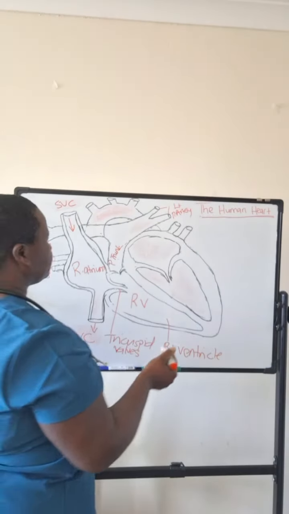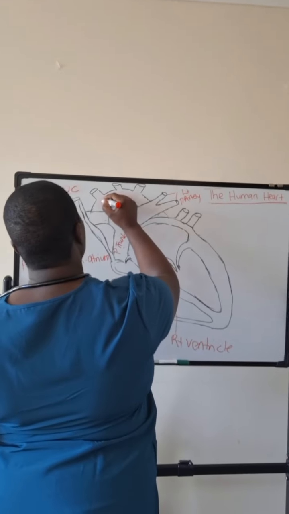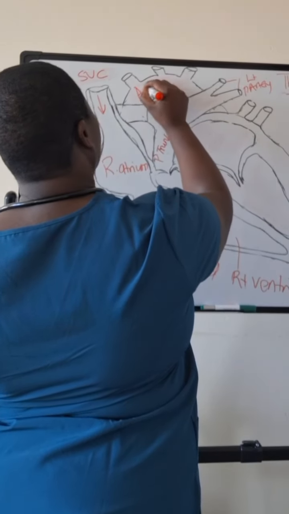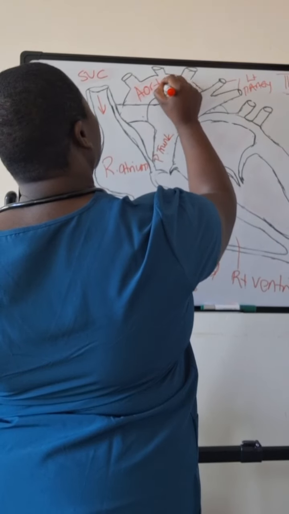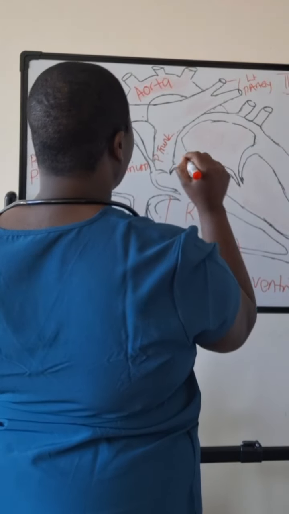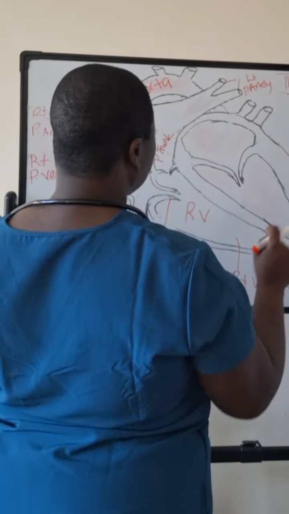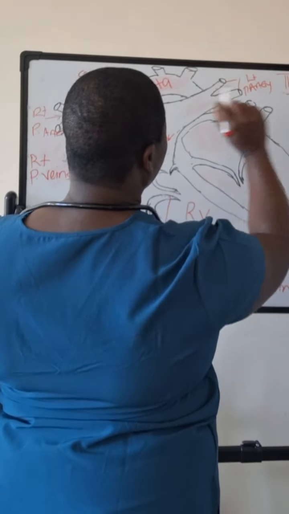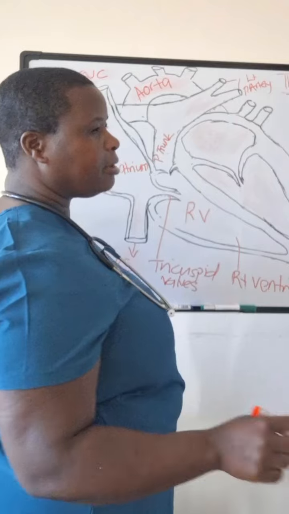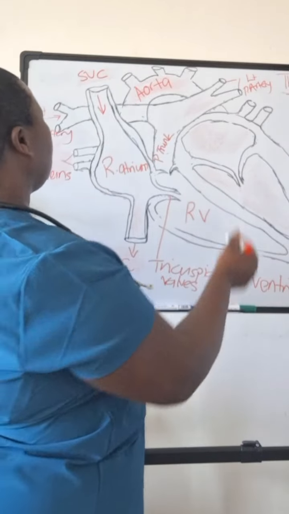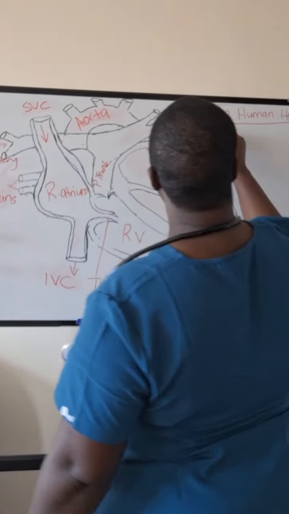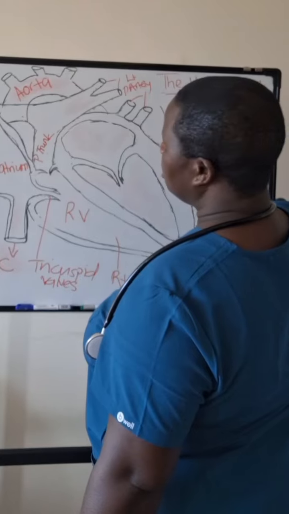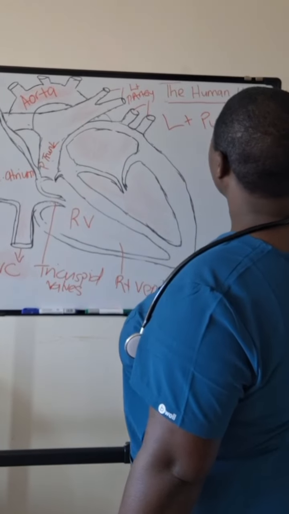So this one is the aorta. The aorta carries oxygenated blood pumped by the left ventricle to the rest of the body to supply oxygen and nutrients. And these are the left pulmonary veins.